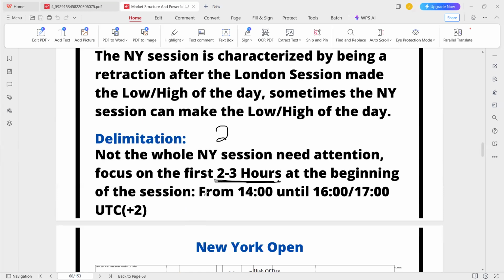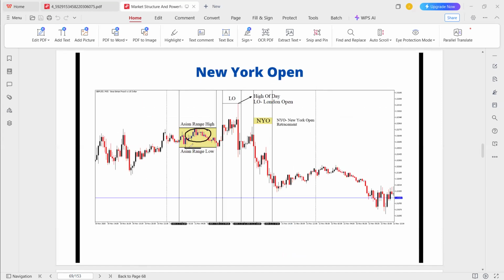Right. So the New York Open, okay, there we go. So another illustration. We have a London session. You can see we had consolidation here. Then the London session opened, we set a high, a liquidity sweep as well. Then price starts to retrace. The New York session now opens.